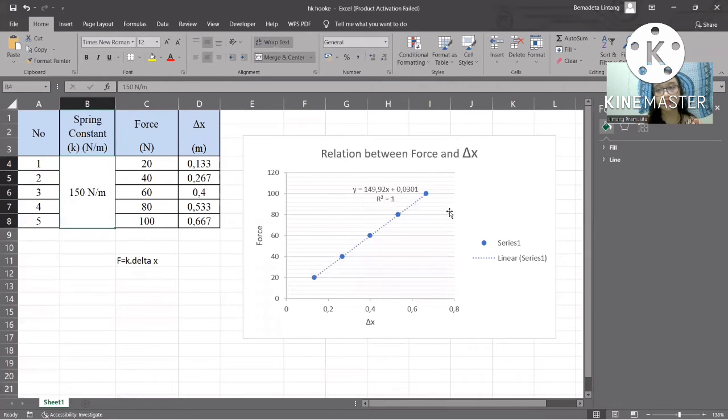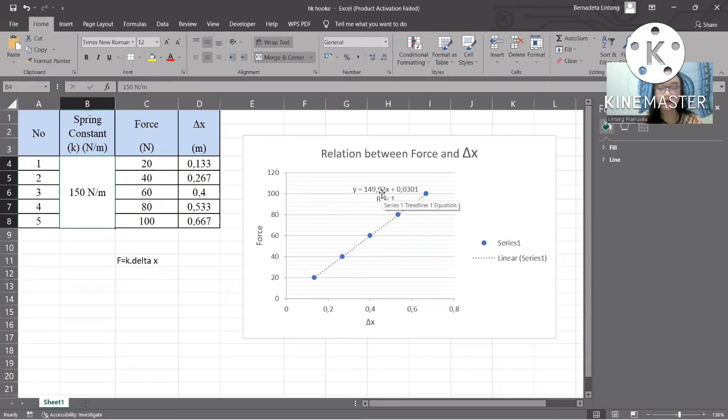And based on this graph, we can say that the greater the force, the greater the increase in the length. Or it can be said that the relation is directly proportional. And through the gradient of the graph here, we can also see that the spring constant used is proven to be 150 Newton per meter.